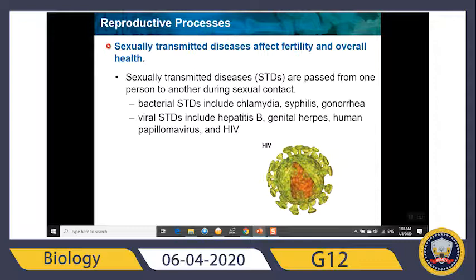Bacterial STDs include chlamydia, syphilis, and gonorrhea. Viral STDs include hepatitis B, genital herpes, human papilloma virus, and HIV.